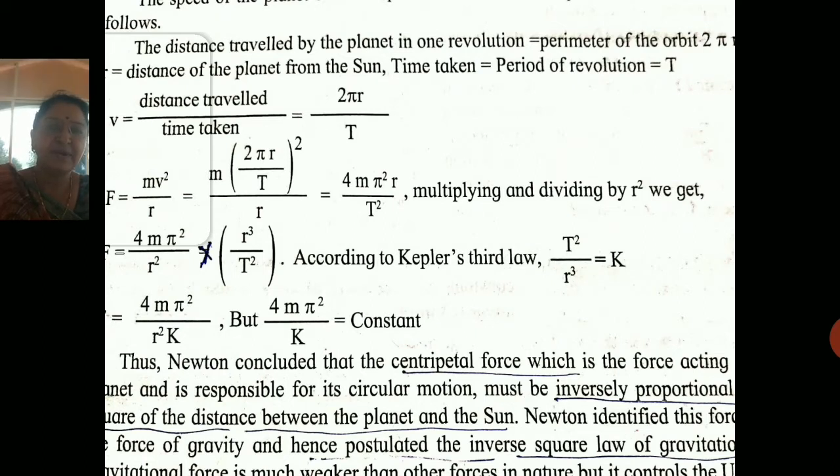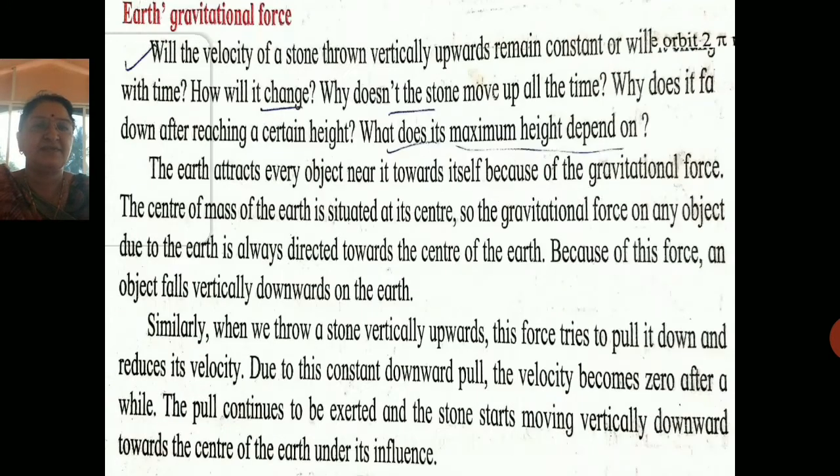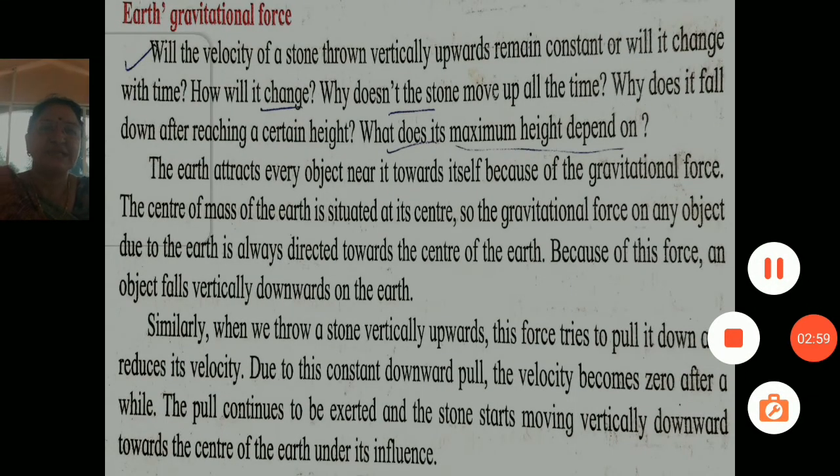That is, 4m pi square upon k is a constant value, and so F, the centripetal force of the planet, depends only on its distance from the sun. It is inversely proportional to the square of the distance of the planet from the sun, and thus the centripetal force of any planet is inversely proportional to the square of its distance from the sun.